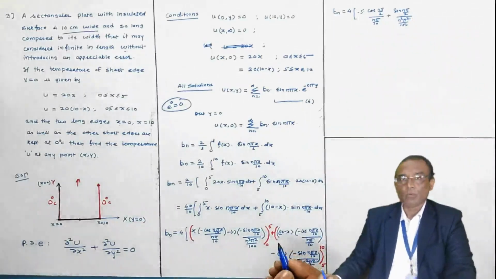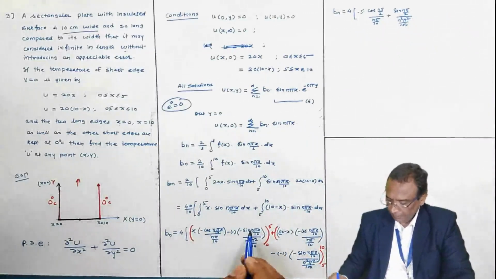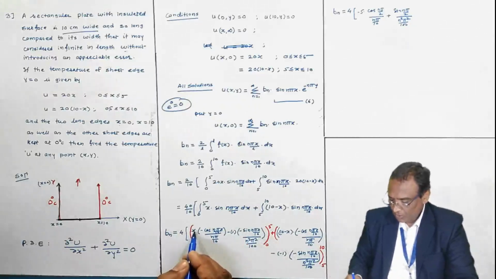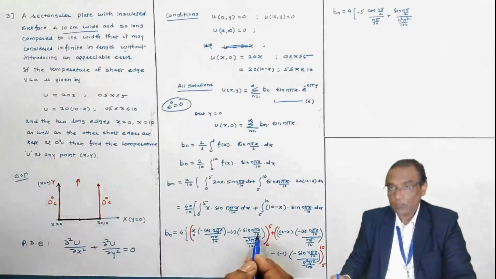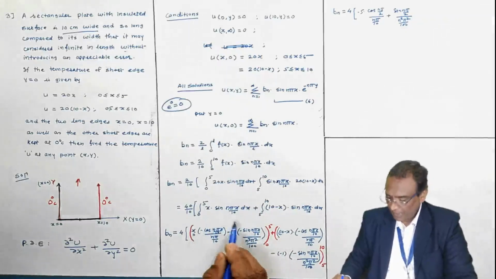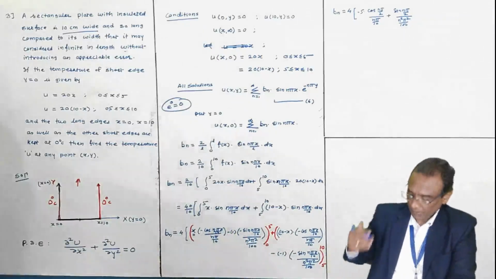Okay, now substitute x equal to 0 here. If you put x equal to 0, x into 0 into this will be 0, and sine of 0 is 0, therefore this bracket will be 0 for x equal to 0, that I am not writing. Upper limit minus lower limit, okay.